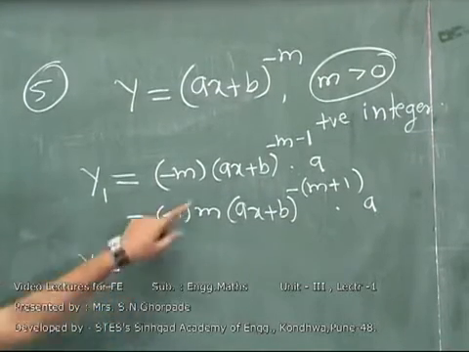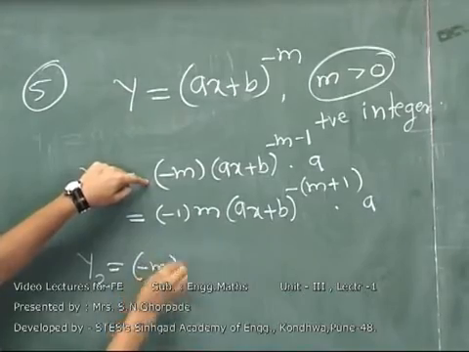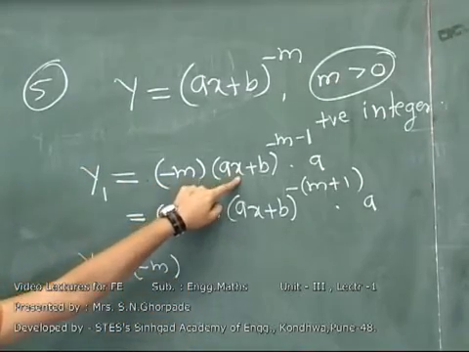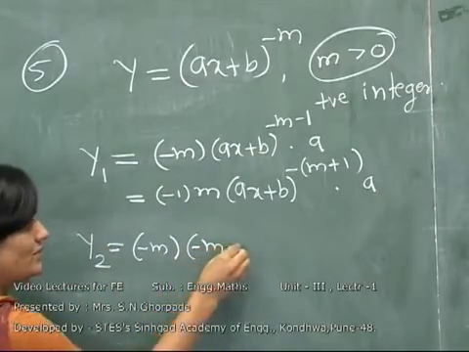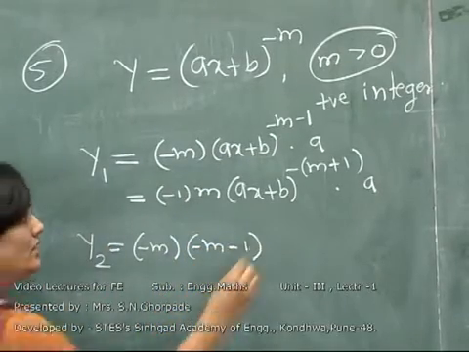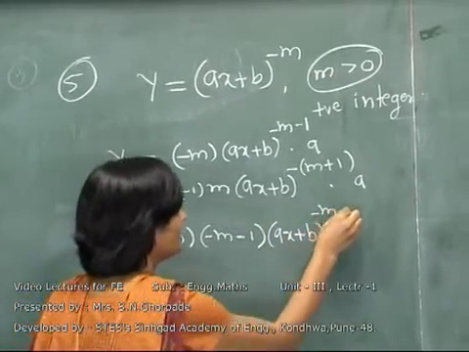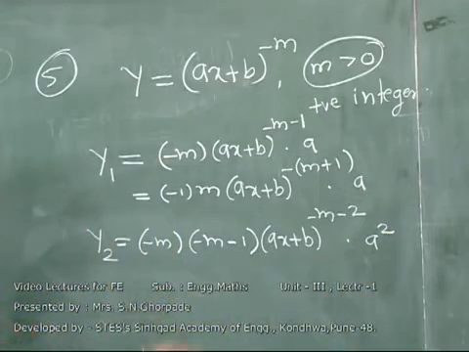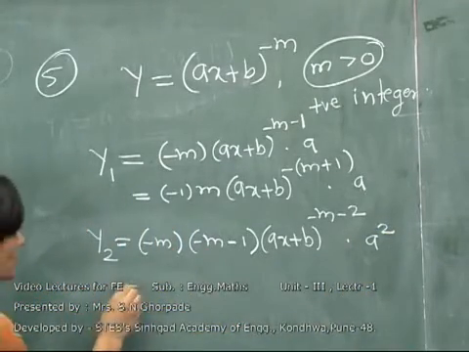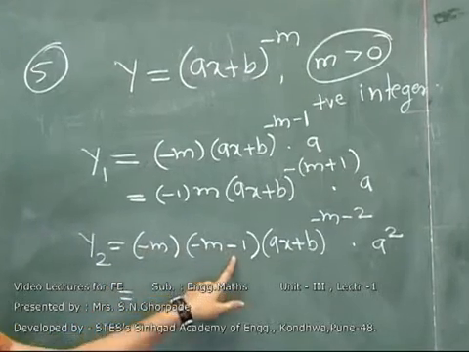For y2, I'll use this step. Minus m. The derivative of ax plus b raised to minus m minus 1 is nothing but minus m minus 1 times ax plus b raised to minus m minus 2 multiplied by a square. Rewrite this expression. Take minus 1 common from this bracket as well as this bracket.